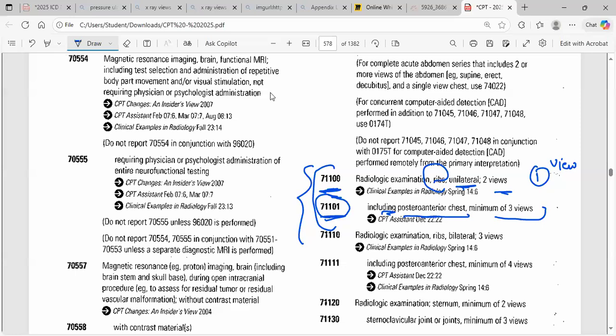The doctor just did the rib X-ray, right side of the rib X-ray, and only one view. Any other answers?